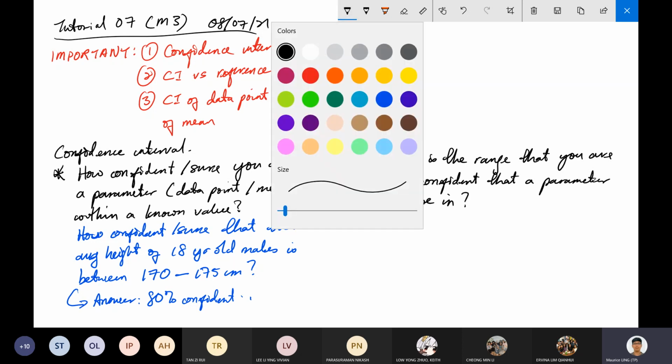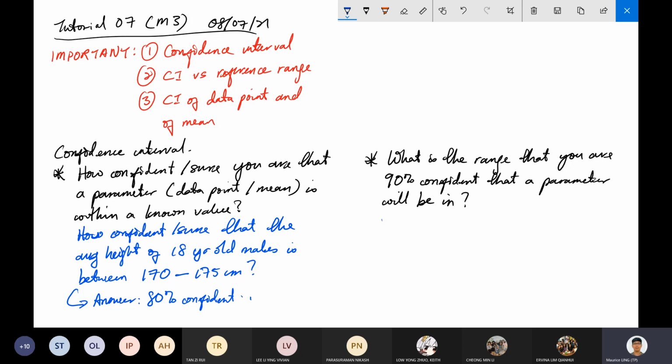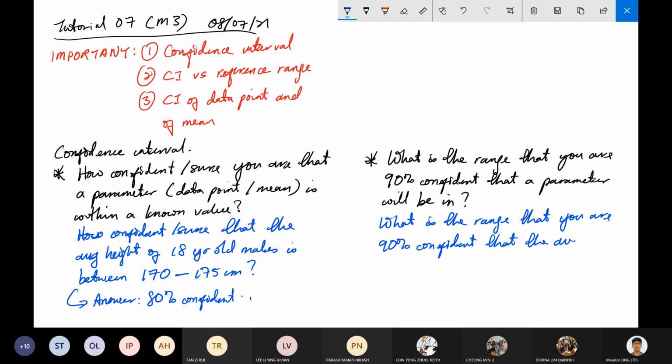Okay, so in this type of question, you are looking at, for example, what is the range that you are, let's say, 90% confident that the average height of 18-year-old males will be in.